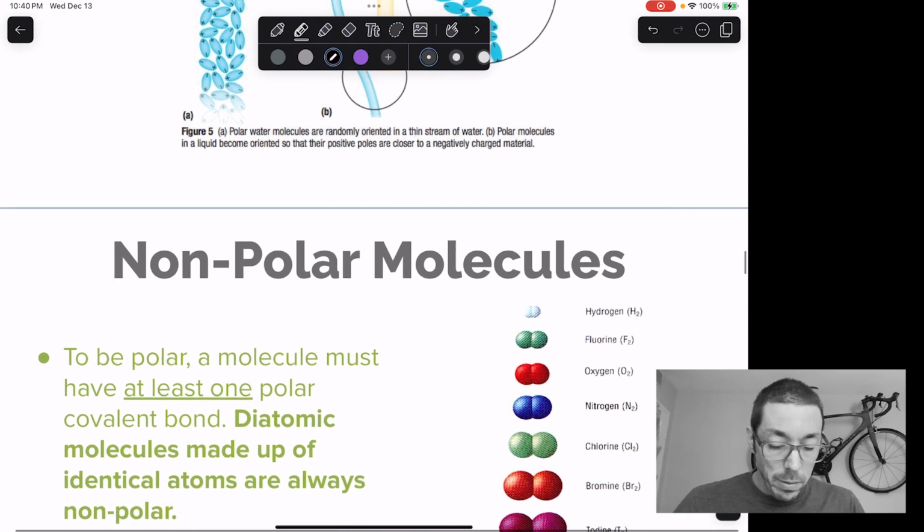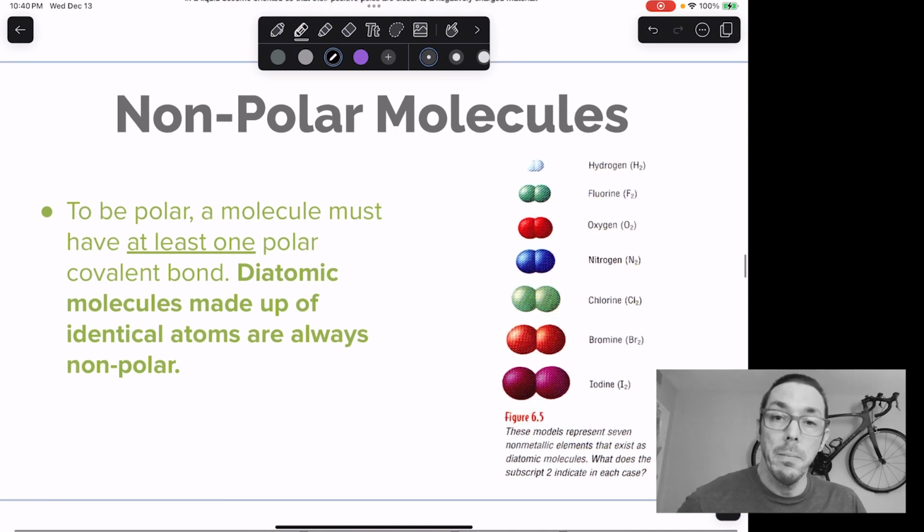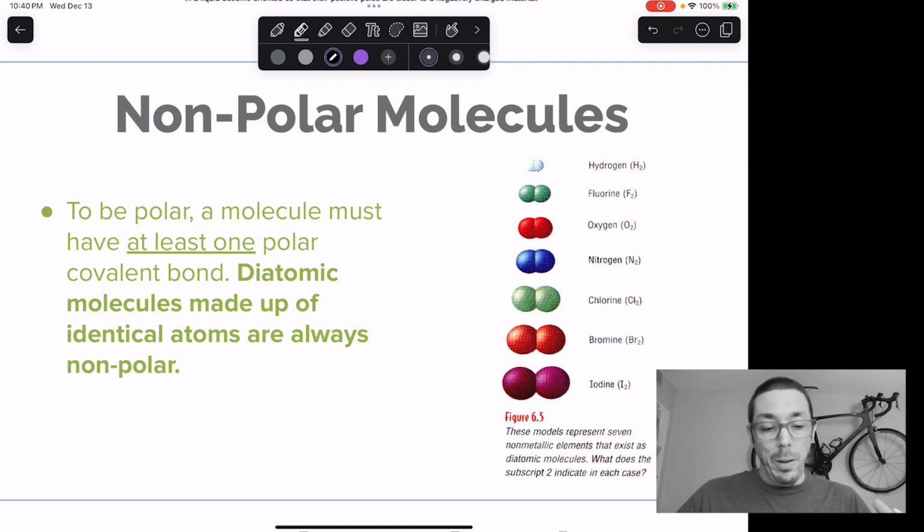Non-polar molecules. Well, it's pretty self-explanatory what non-polar molecules are. There is no side of the molecule that's slightly negative and slightly positive.